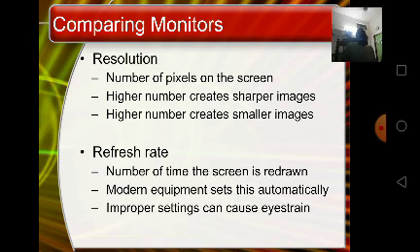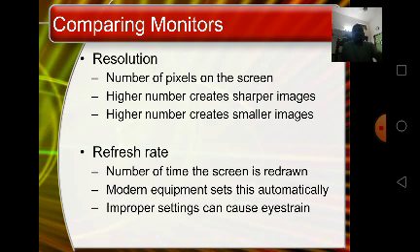If the screen is not refreshed often enough, it appears to flicker, and flicker is one of the main causes of eye strain. Refresh rate is measured in Hz, or in cycles per second.